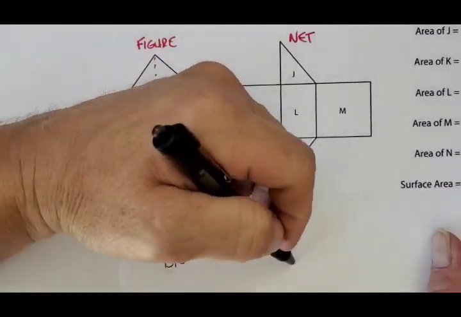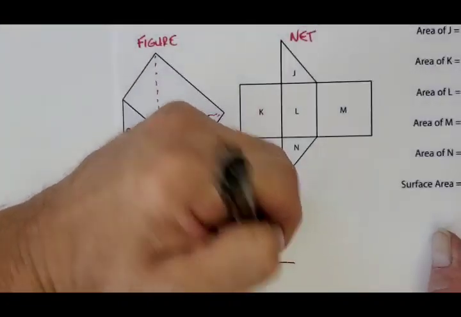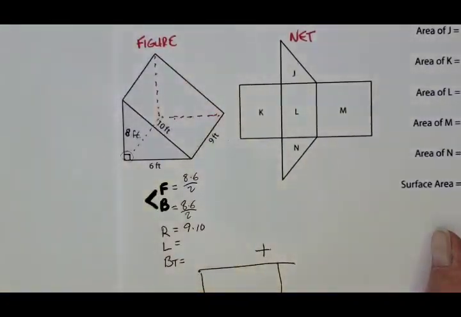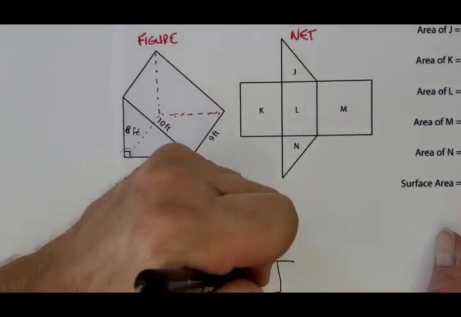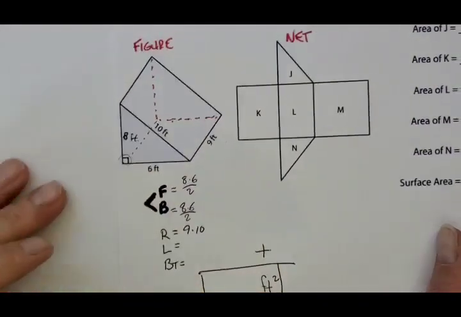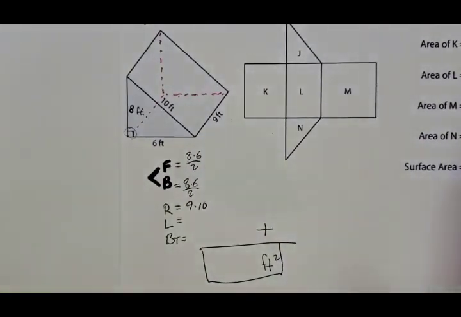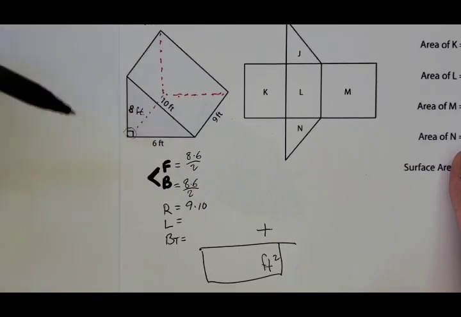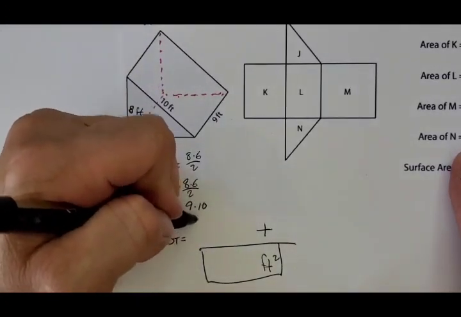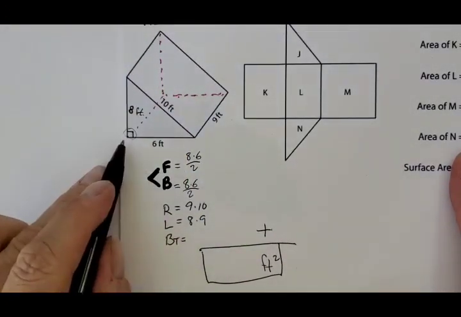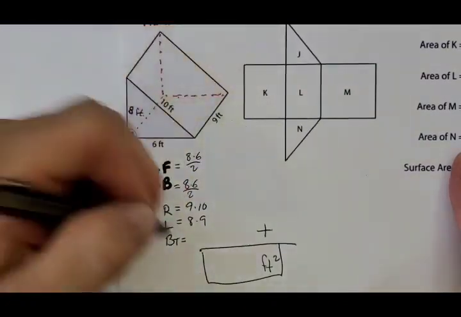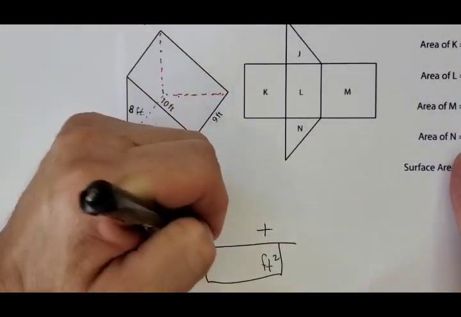I'm going to leave off the units until the very end. Okay, and this will be our grand total in feet squared. So the left side is 8 by 9, and then the bottom is 6 by 9. So just be careful with these. Sometimes it gets tricky.